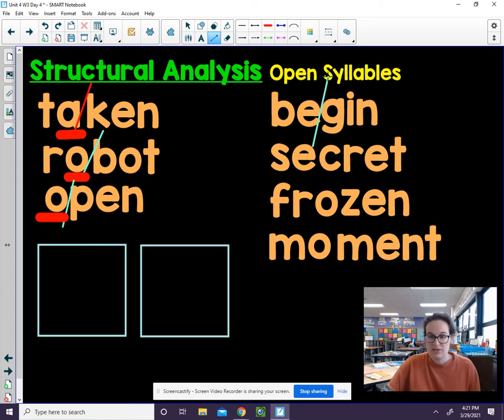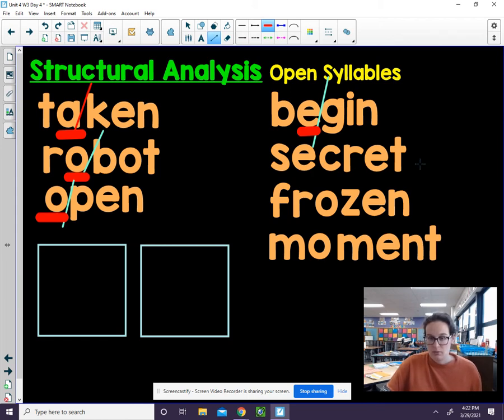Between the E and the G. I notice that this syllable ends with a vowel. When a vowel is the last sound in the syllable, it is usually long. Was this sound long? Begin. It was. It was a long sound.